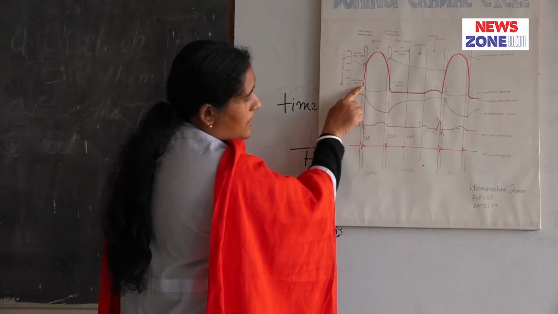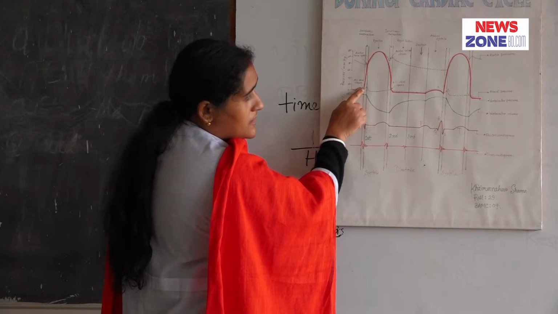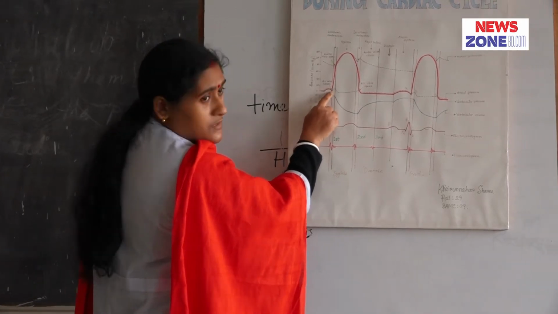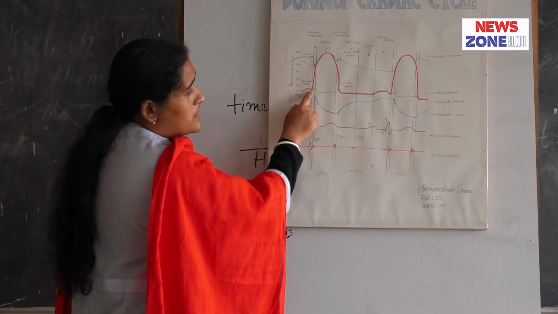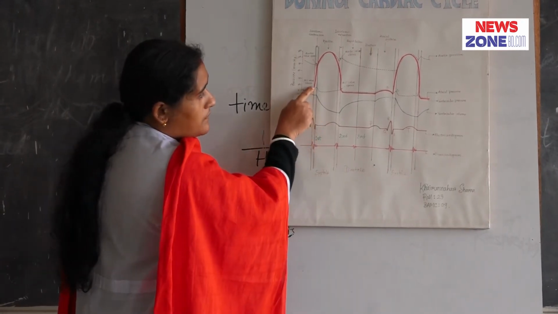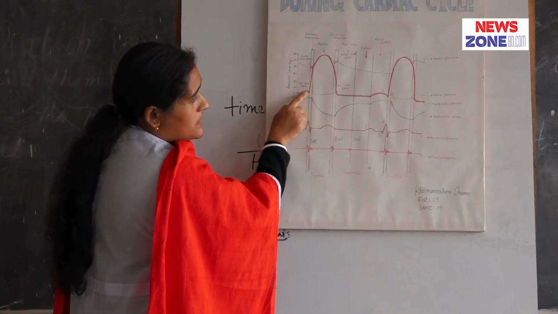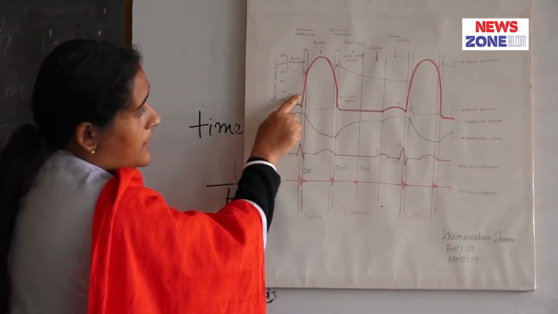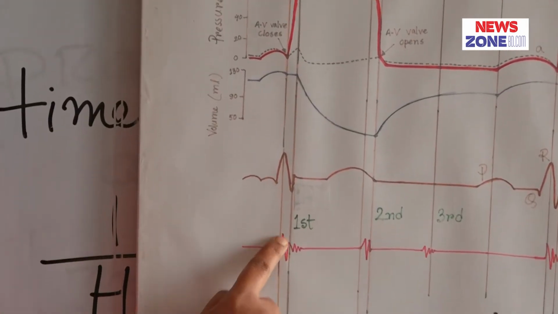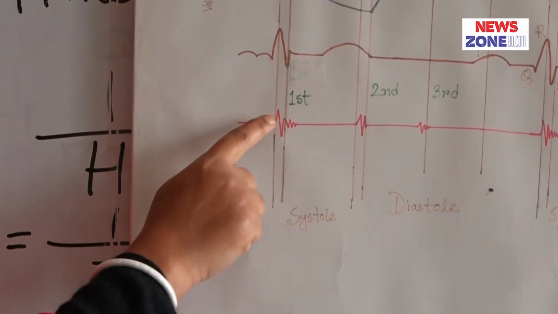This is the atrial pressure curve, and this red color is the ventricular pressure curve. In ventricular systole, the ventricle contracts and intraventricular pressure rises. When the pressure rises above the atrial pressure, the AV valve is closed and produces the first heart sound.